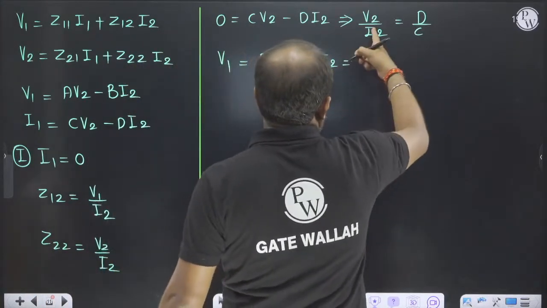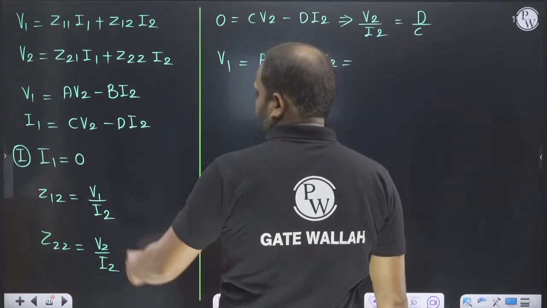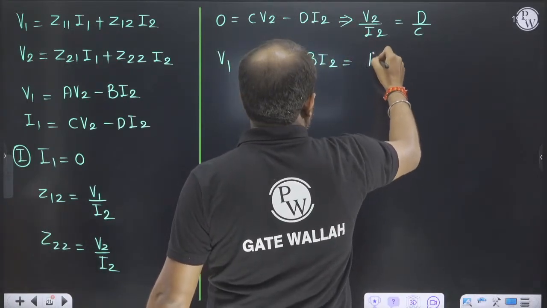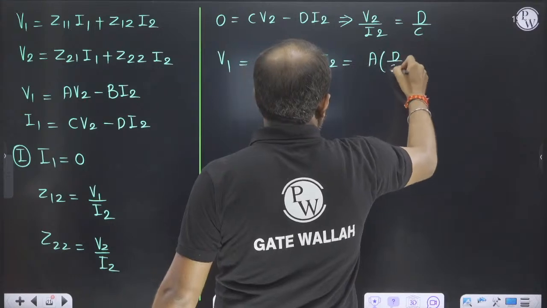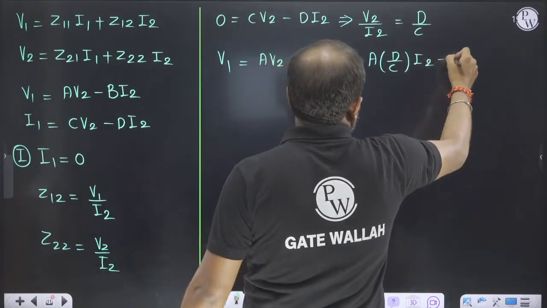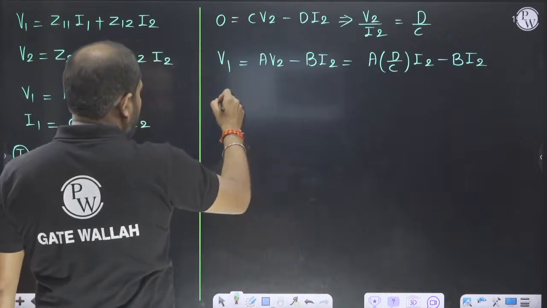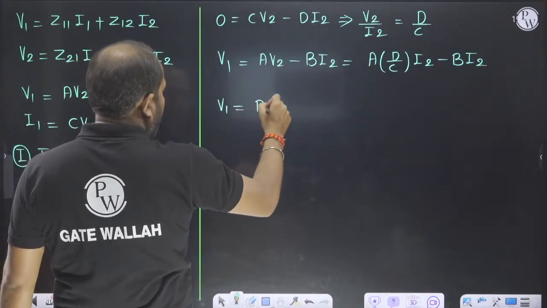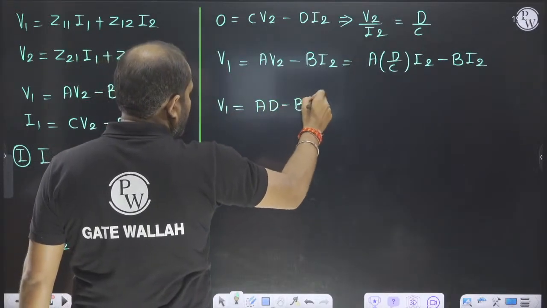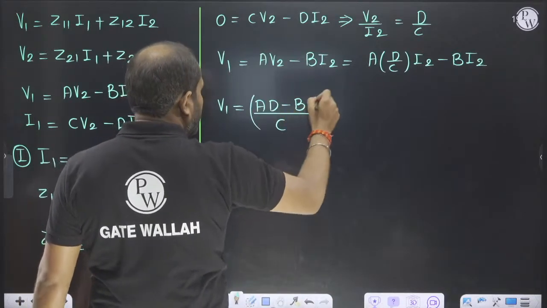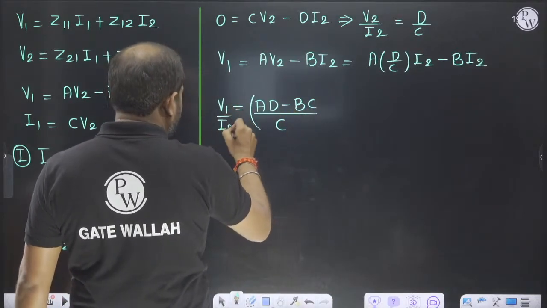What I will do is put V2 in terms of I2. V2 in terms of I2 is D by C into I2, so V1 is A D by C into I2 minus B I2. So V1 is equal to (AD minus BC) upon C into I2, divided by I2.